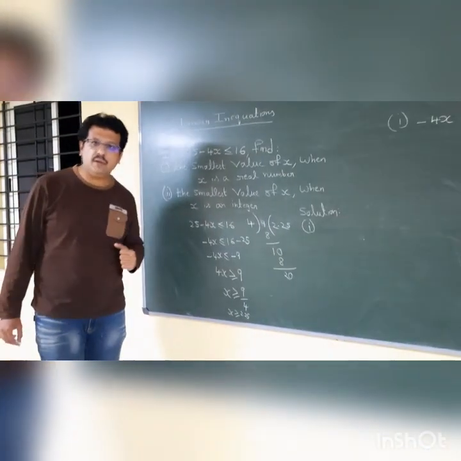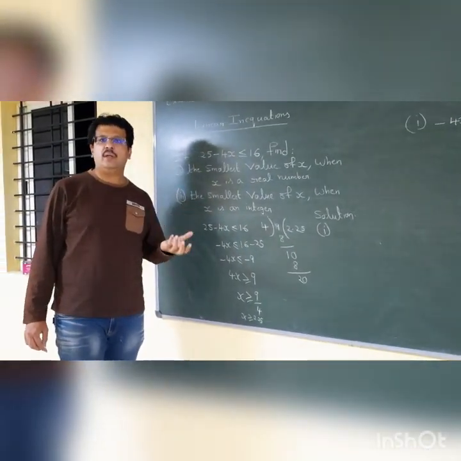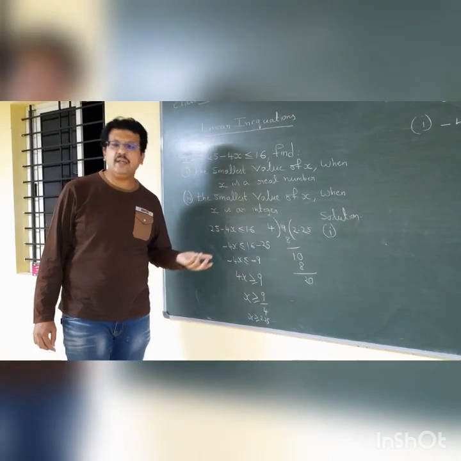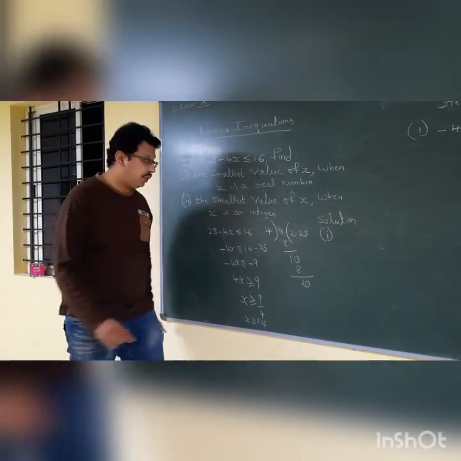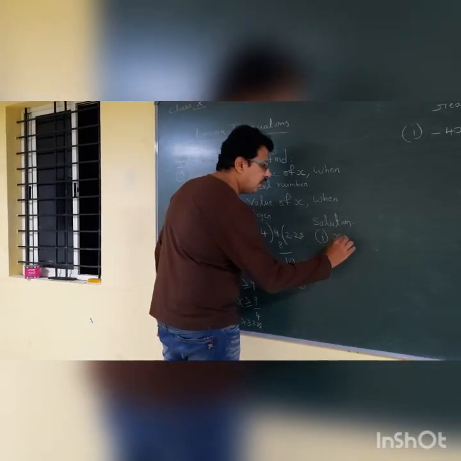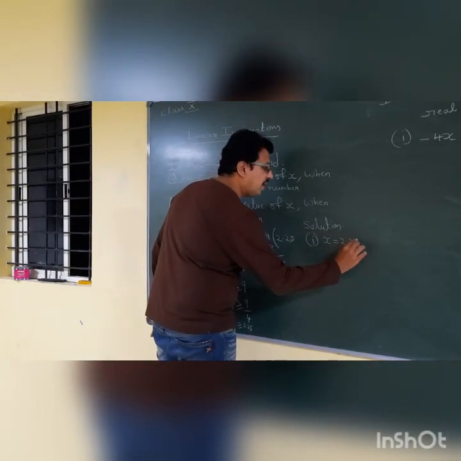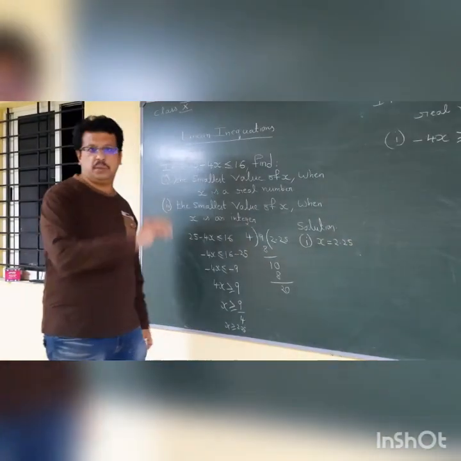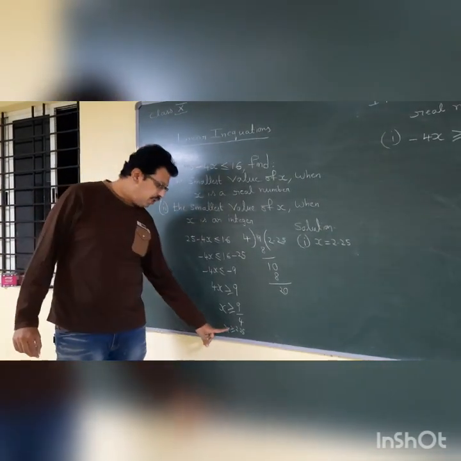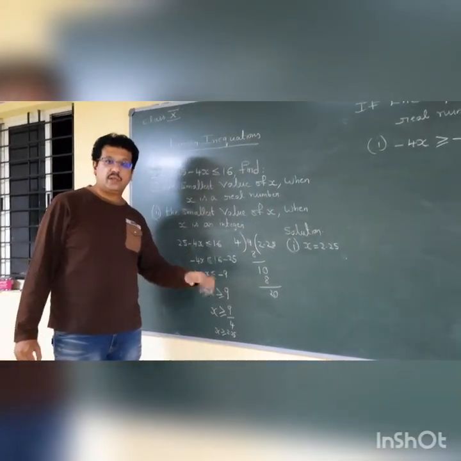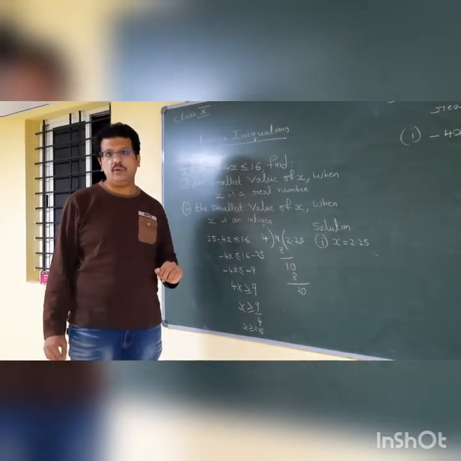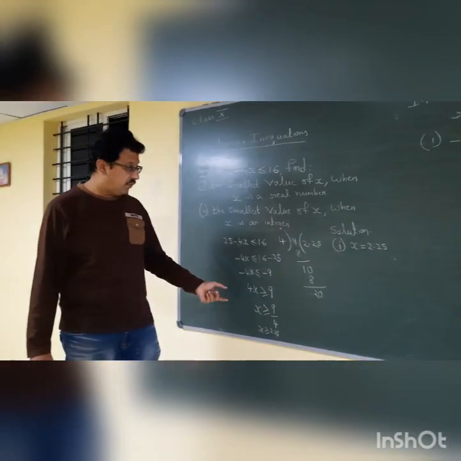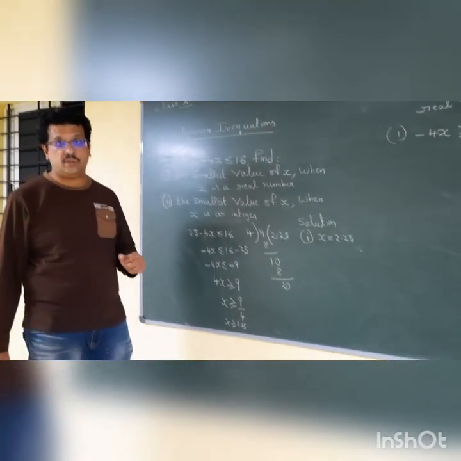All of you have learned, just now I explained to you: it's nothing but both rational numbers and irrational numbers. So the smallest value, greater than or equal to, so x has to be equal to 2.25. So 2.25 is a real number. Since they are saying smallest, with greater than or equal to, we have to write x is equal to 2.25. That is a very important step you need to understand, children.